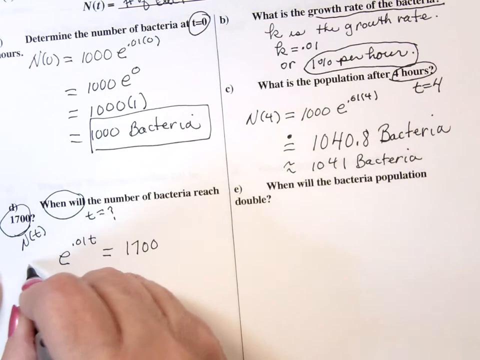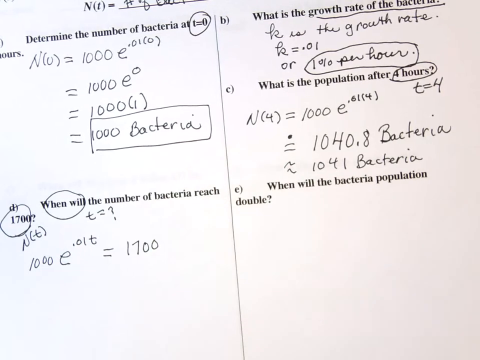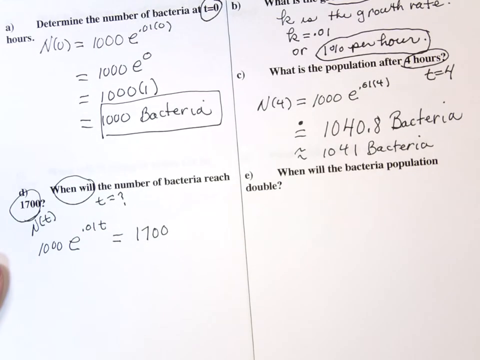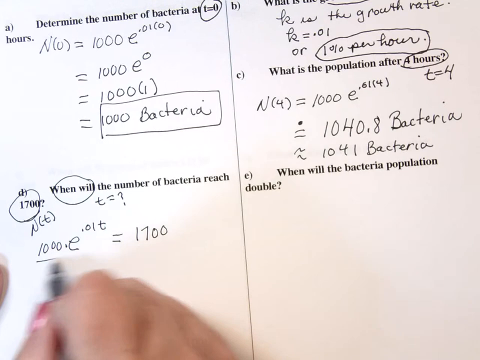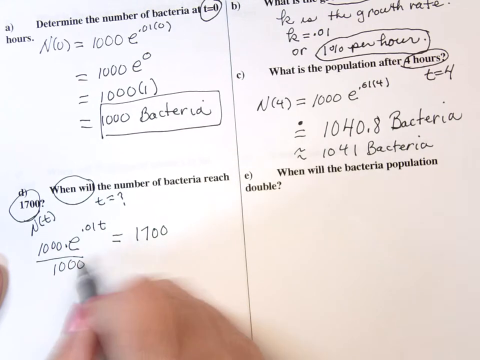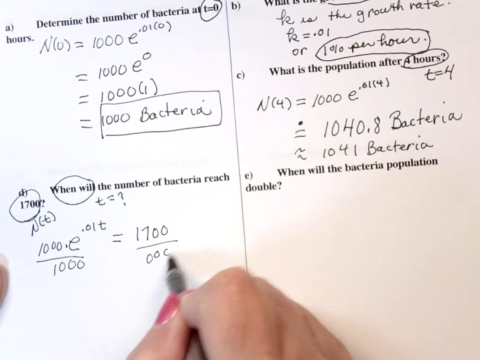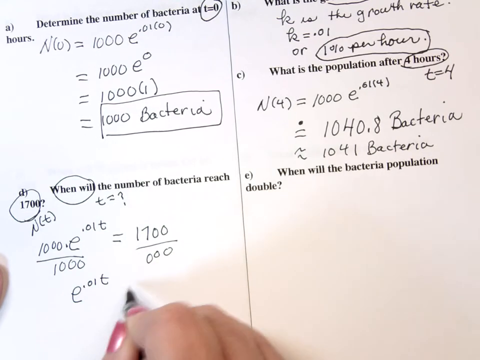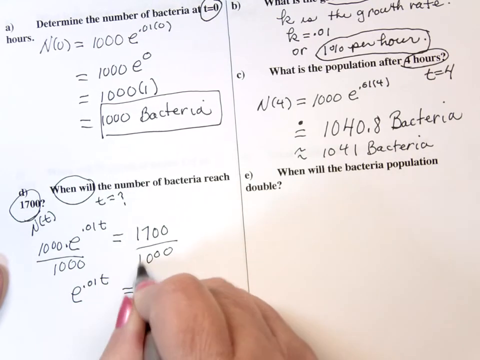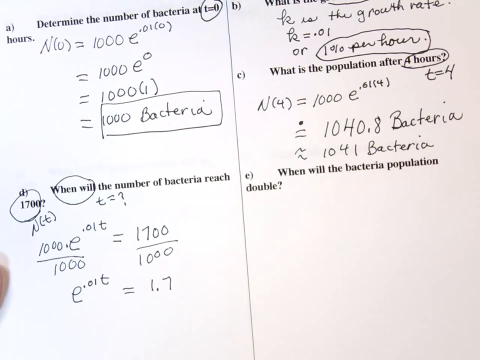I forgot that 1,000. Now what I need to do is get e by itself, so I need to bring that exponent down. So the first thing I want to do is divide everything by 1,000. So e to the 0.01 t equals 1.7.